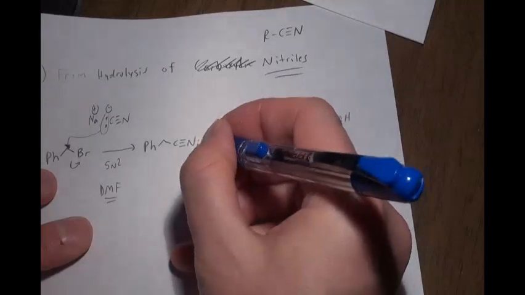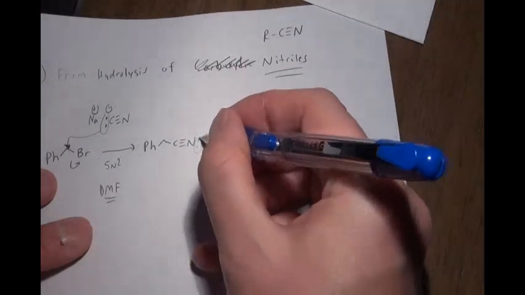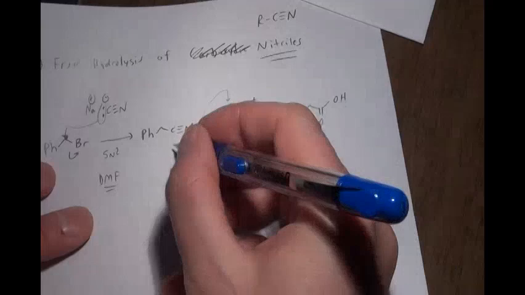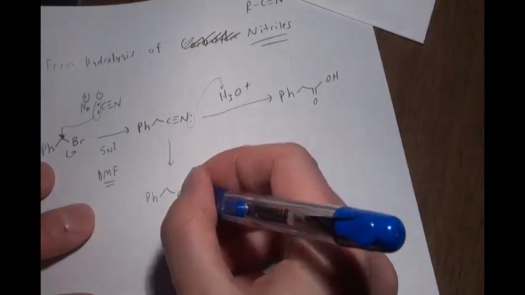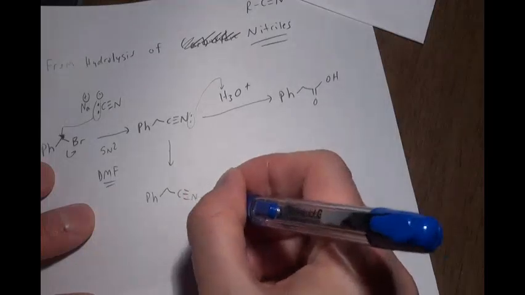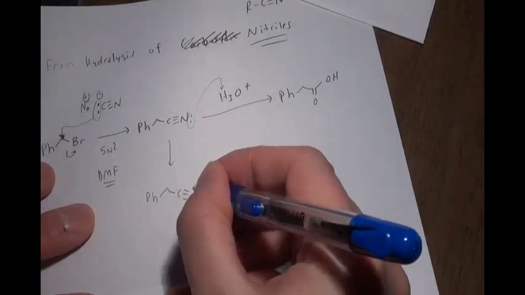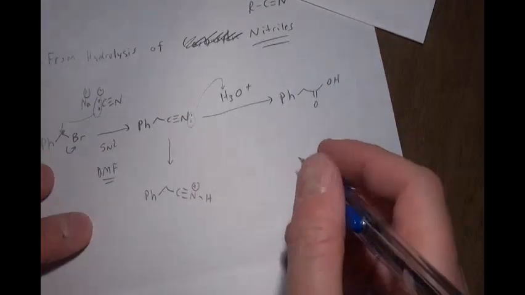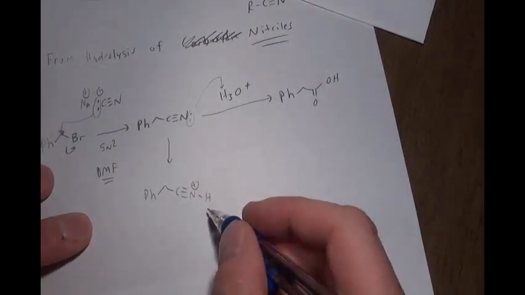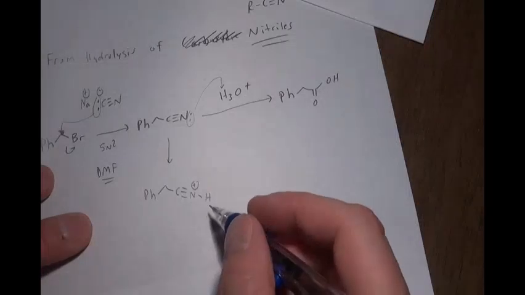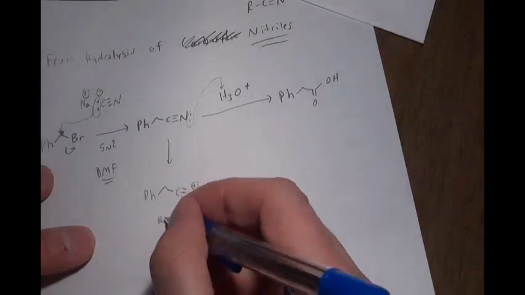So what we're going to do in this mechanism is start by protonating the nitrile. C triple bond N H+. Using what we did before, you could call this an RSCC, right? And it's electrophilic, and you could push electrons onto the nitrogen.